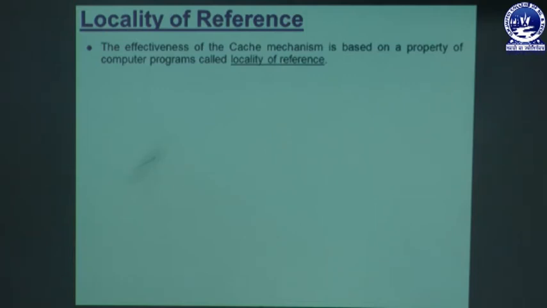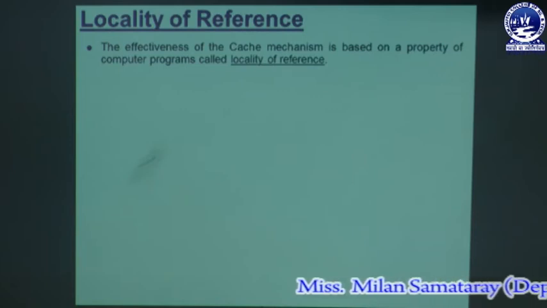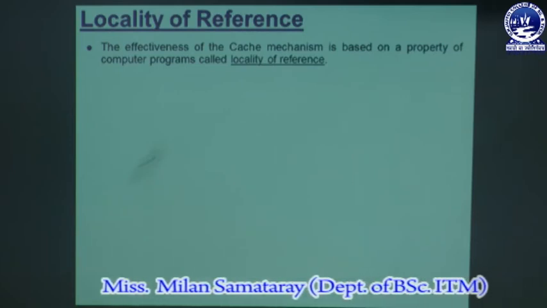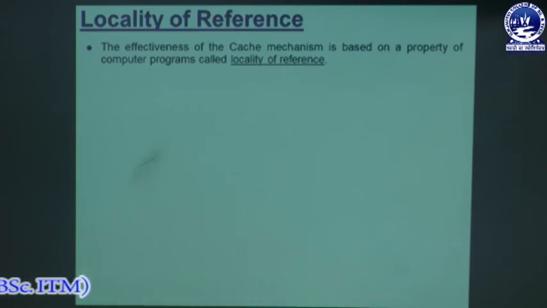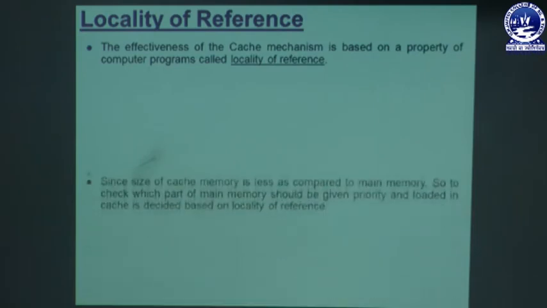But if a multiprocessor concept arises, that means multiple processors are there, they will request multiple blocks at a time. Then you have to choose the main memory blocks priority wise. So, which memory blocks have to be mapped, or fetched and stored in the cache memory, is decided by the locality of reference.